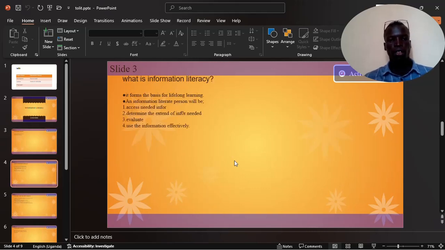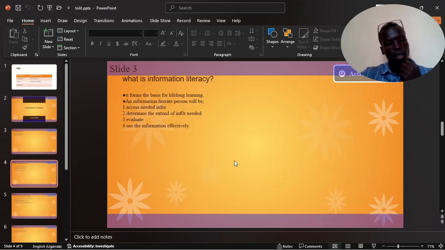So this is the question: what is information literacy? And this serves as introduction to this coursework. So we need to know the real meaning of information literacy.